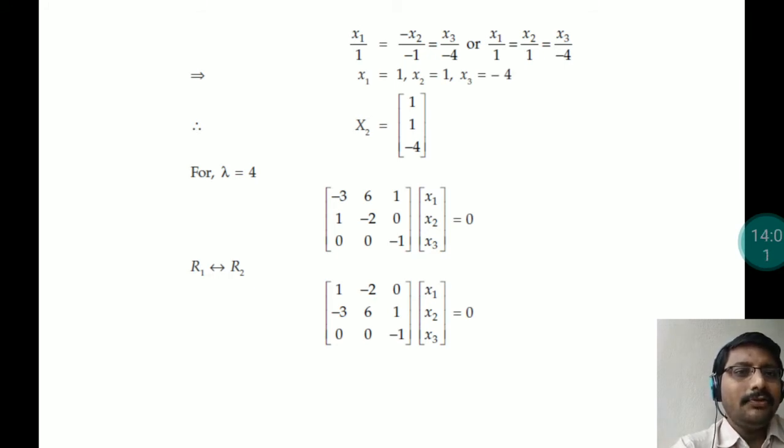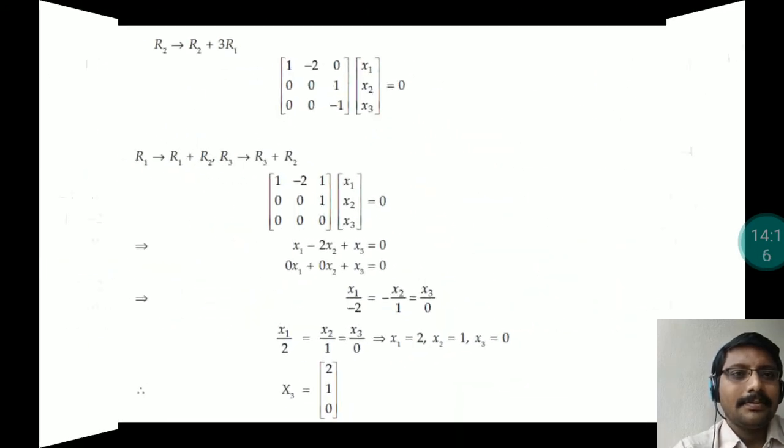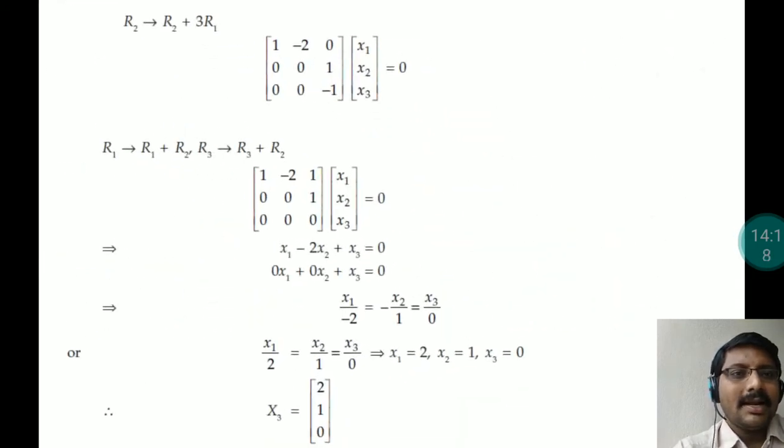Now for lambda equal to 4, the another eigenvalue. Subtracting 4 from the principal diagonal elements, the matrix is equated to 0. Now interchanging R1 and R2, the equivalent matrix reduces to row echelon form, that is x1 minus 2x2 plus x3 is equal to 0, x3 equal to 0.